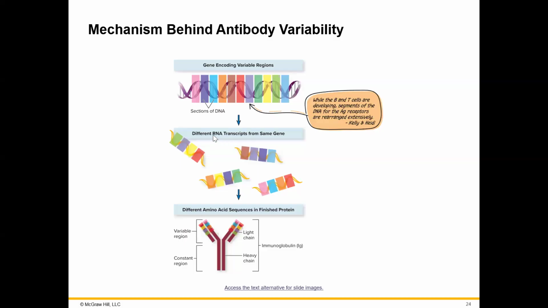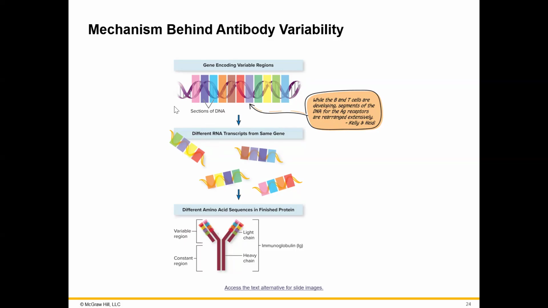Here you see the gene encoding variable regions. These are your sections of DNA. Then you have different RNA transcripts from the same gene, and then you end up with different amino acid sequences in the finished protein. So the gene that's coding for these variable regions has multiple different sections along its length.